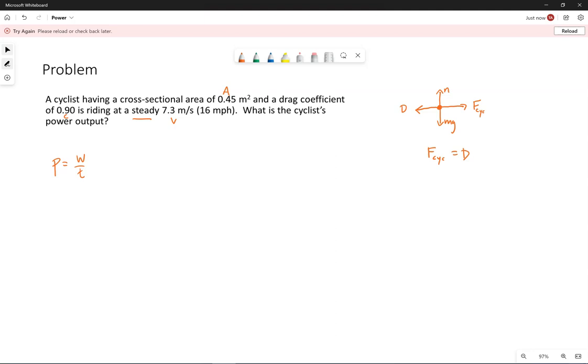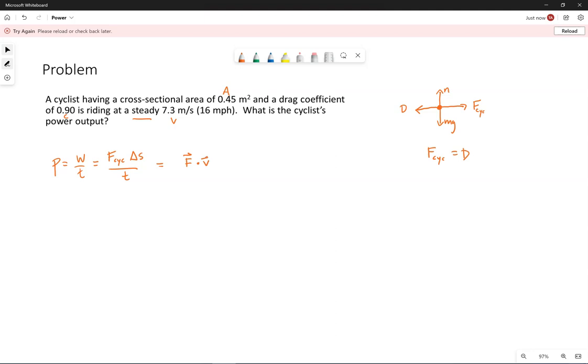So the work the cyclist is doing is their force dotted with displacement, but their force is what's propelling them forward. So force times displacement over time. But I'm not seeing a displacement or a time, so I want to look at the equation that has force and velocity.